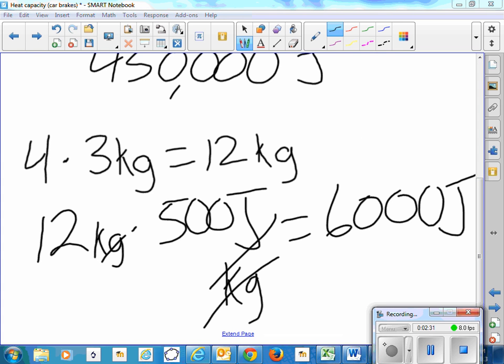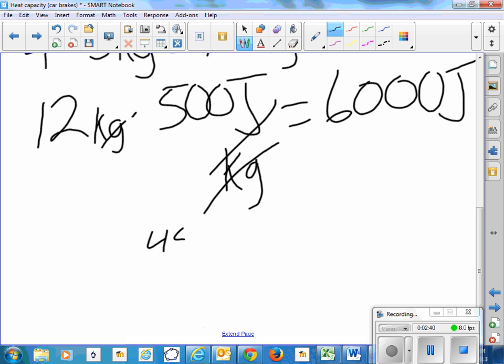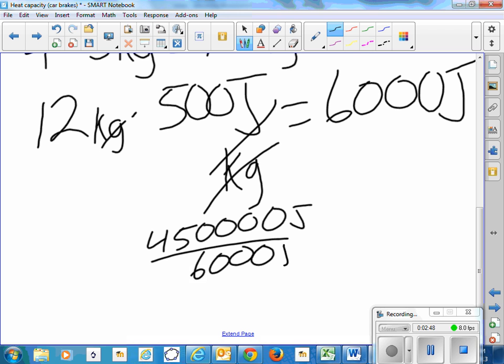We have 450,000 joules, and 6,000 joules makes the temperature rise 1 degree. Joules divided by joules per degree leaves 1 over degrees in the denominator, which gives degrees. The units are degrees. 450 divided by 6 equals 75. So the brakes should warm up 75 degrees.